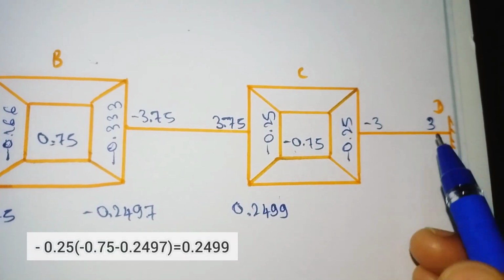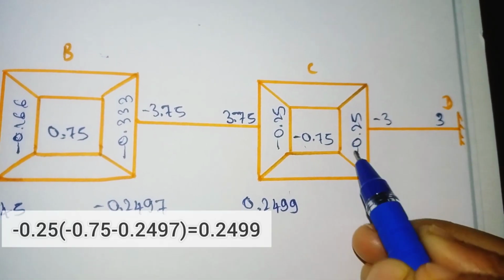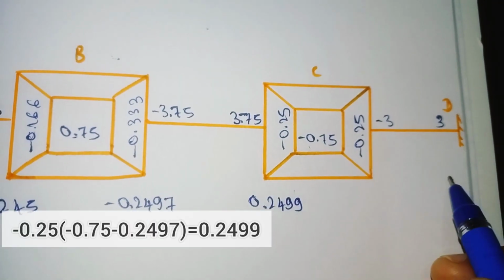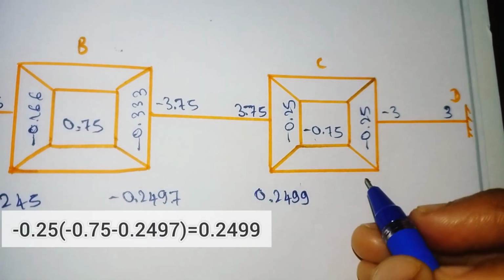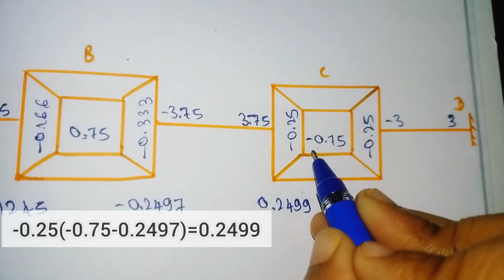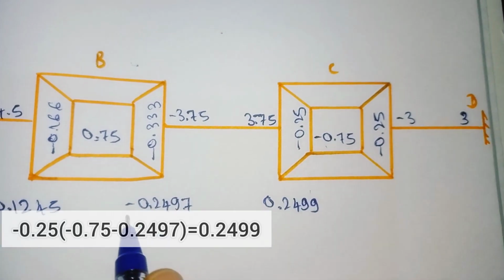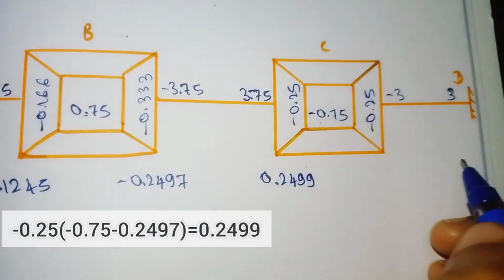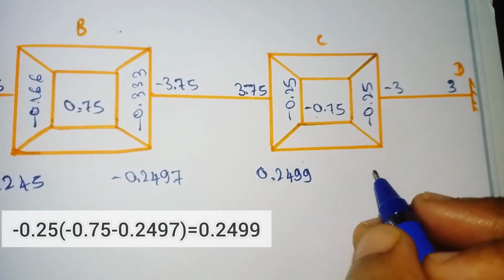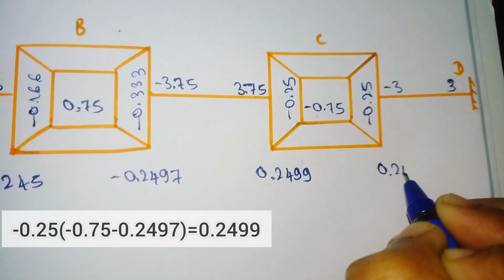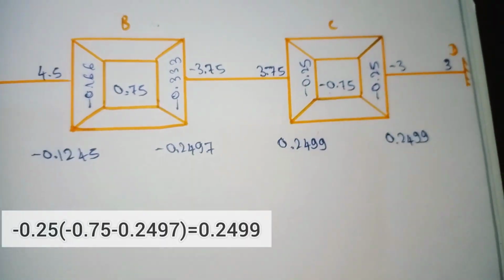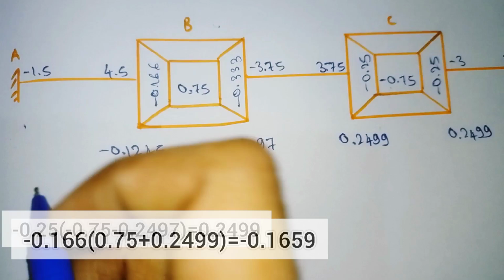Similarly for CD, this one into this one and this one we need to add. So minus 0.25 into minus 0.75 minus 0.2497 into this value, which is 0. If you do, it will come out as 0.2499.